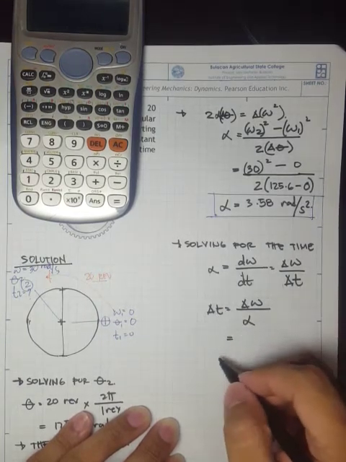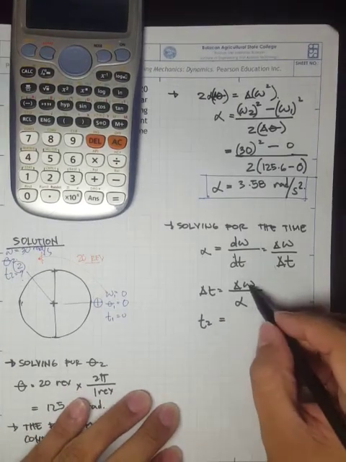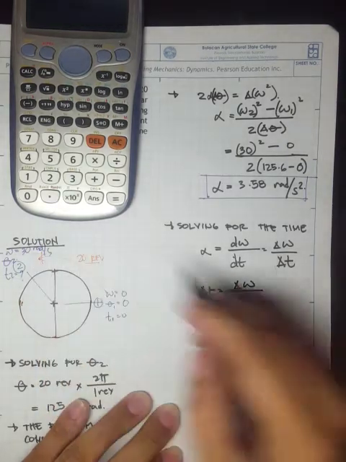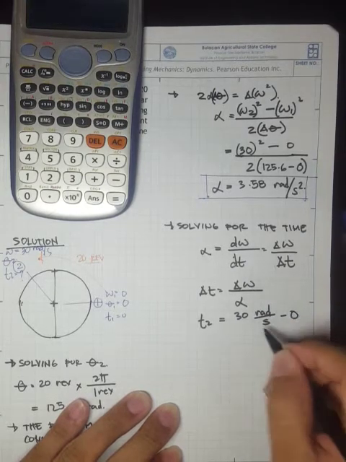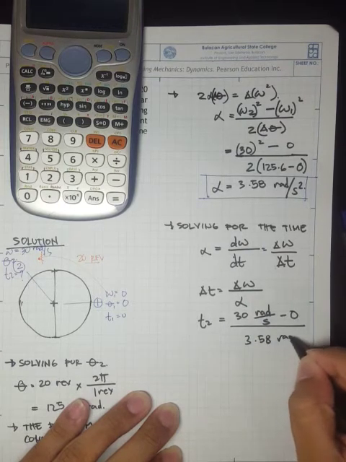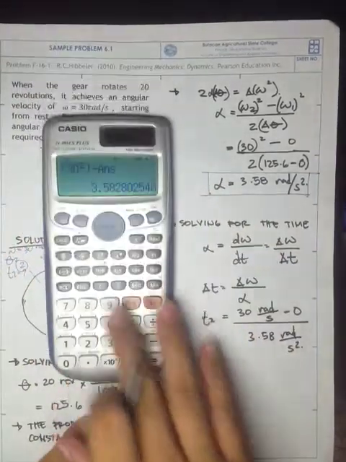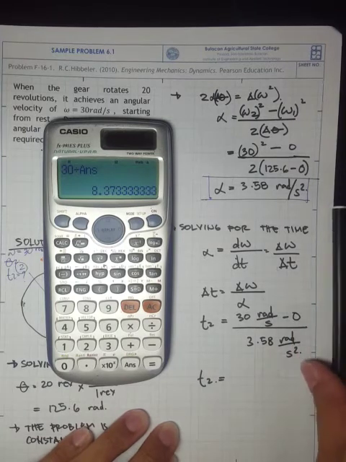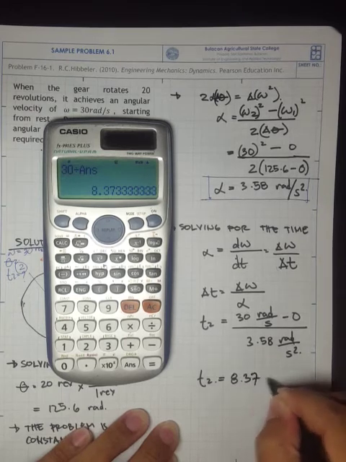So t sub 2 minus t sub 1, and t sub 1 is just 0, so t sub 2 is equal to 30 radians per second minus 0, divided by our acceleration, which is 3.58 radians per second squared. So t sub 2 is 8.37 seconds.